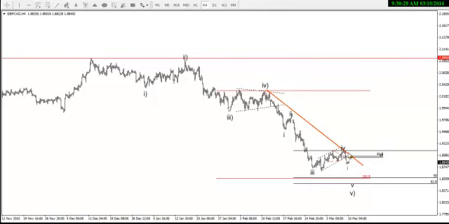Now the 4th wave here is a congestion, and price has already broken out of it and is expected to come at least to this level around 1.8500, which is a projected level of this move from here and of this move from here.